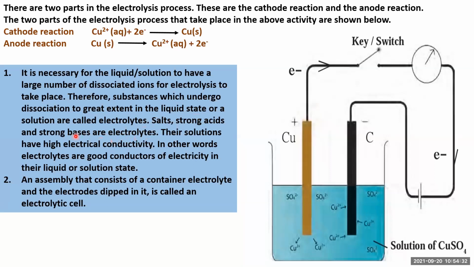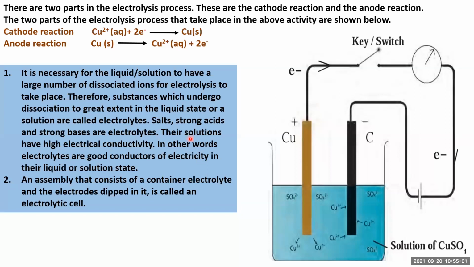Hence, weak bases and weak acids are not electrolytes, but strong acids and strong bases are, and any salt can be dissociated easily. Therefore, salt can be used as an electrolyte to conduct the electrolysis process. Their solutions have high electrical conductivity, so high electrical current can be gained.